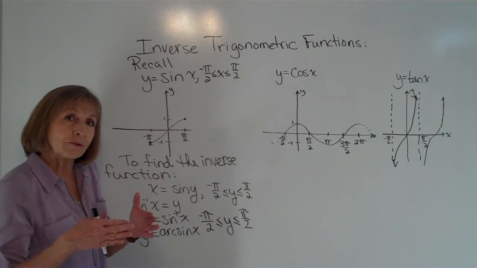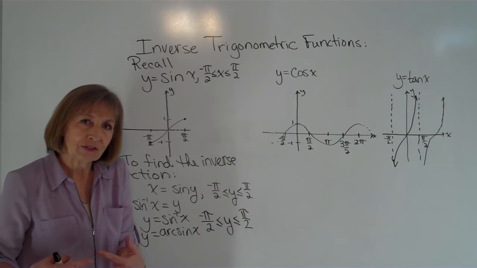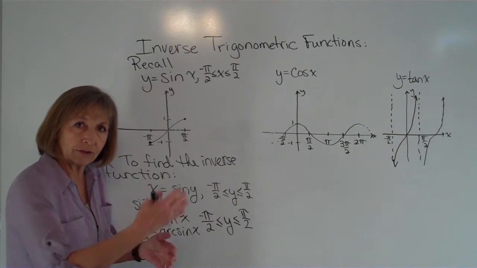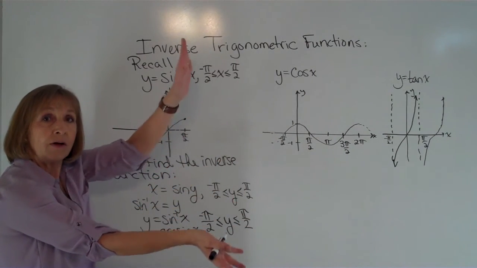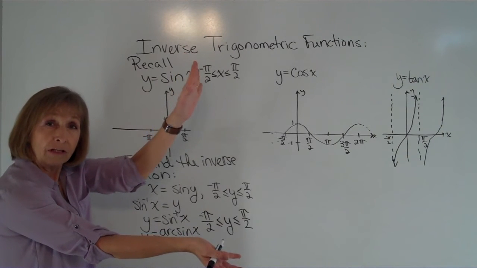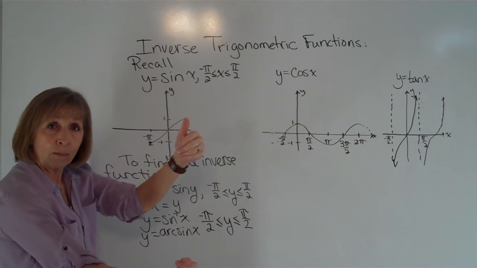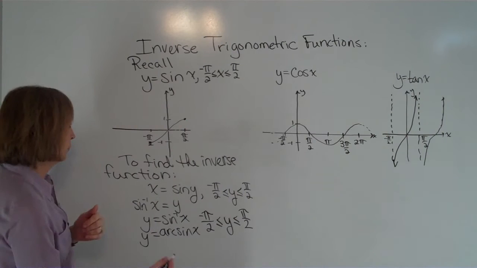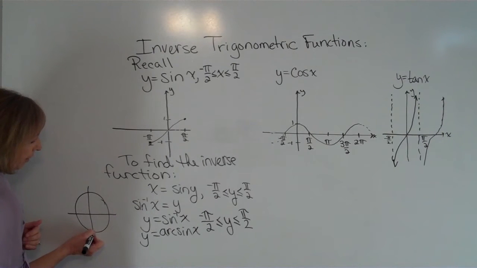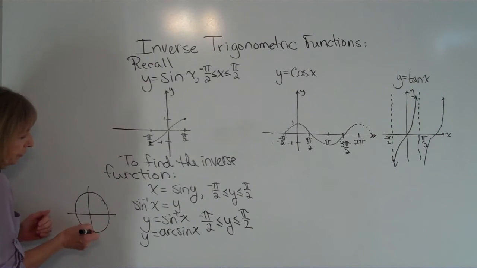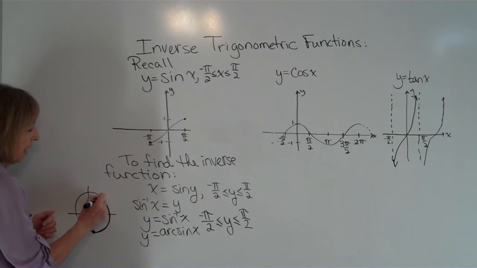And if you're looking back at the unit circle to try to read that in reverse, looking at the y coordinates of the ordered pairs on the unit circle and finding the angles that went with them, then you're looking at the unit circle from -π/2 to π/2.